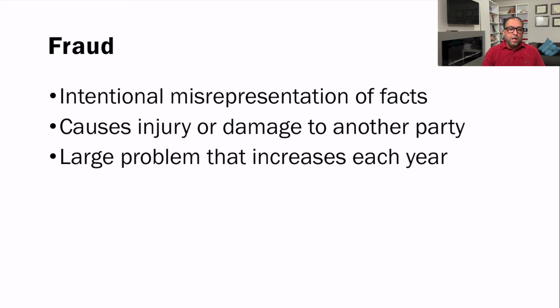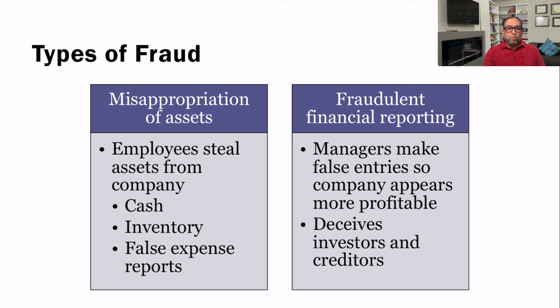Again, as technology improves, the safeguards for monitoring and controlling the assets and other things of the business improve, but at the same time frauds and criminal activities are also increasing. So we have to be very careful.